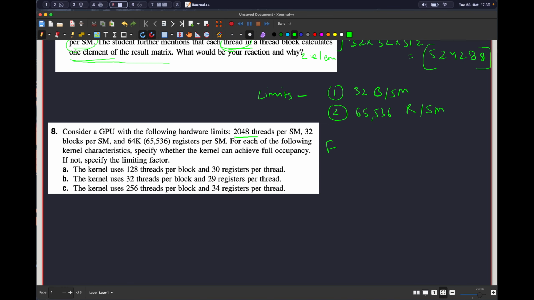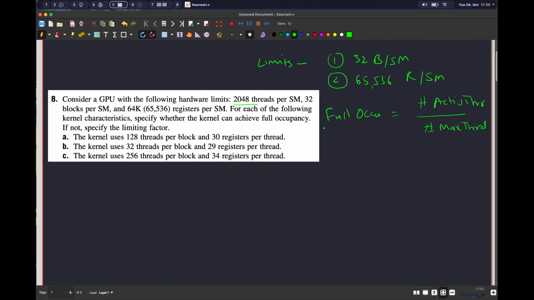So for full occupancy, if you remember, it is the number of active threads divided by the maximum threads possible. Since we want 100% occupancy, we can say that we are invoking 2048 threads.